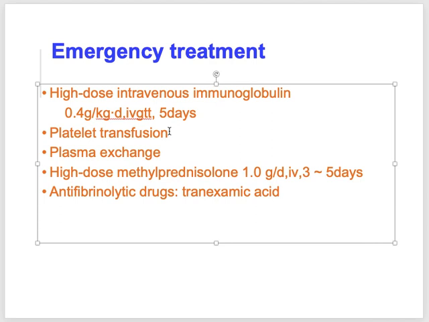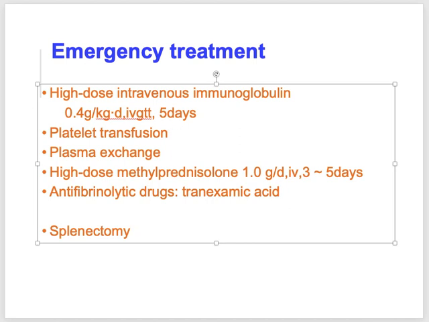And the last resort, one thing which we can do is splenectomy. Of course, all the cells are destroyed in the spleen, so we can do splenectomy so that the platelets are not destroyed. Okay. So this is the emergency treatment.